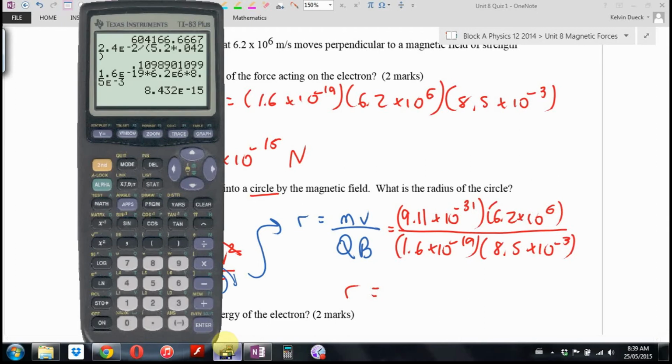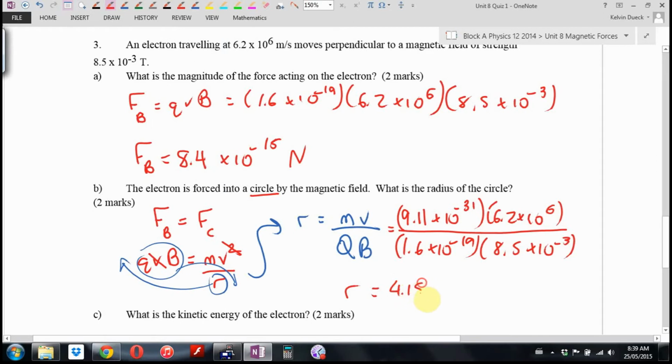What will the radius of this be? Is that right? 0.00415, pretty small. 4.15 times 10 to the negative 3 meters.